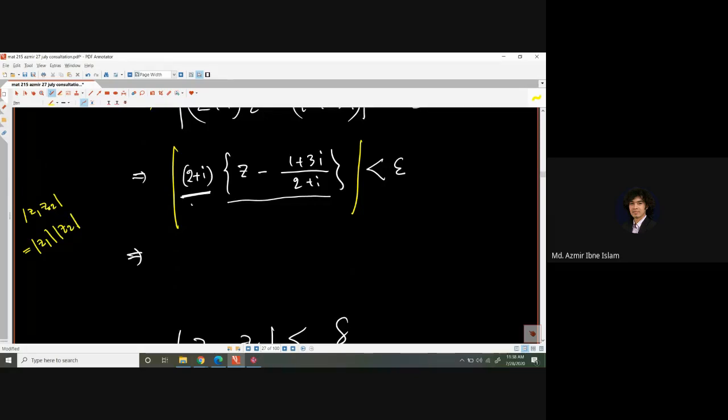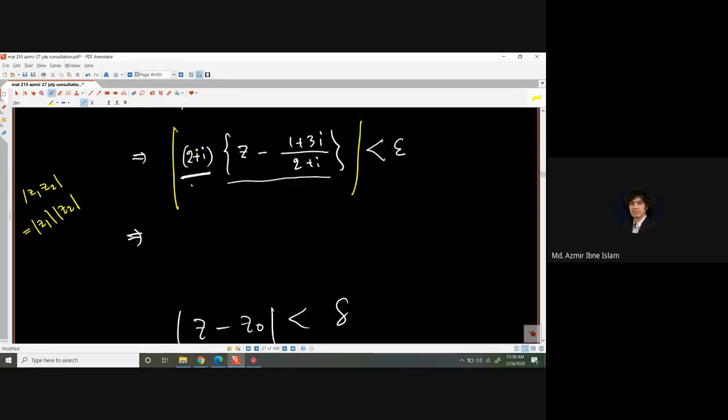So we can write the modulus of 2 plus i and the modulus of z minus (1 plus 3i)/(2 plus i) less than epsilon.